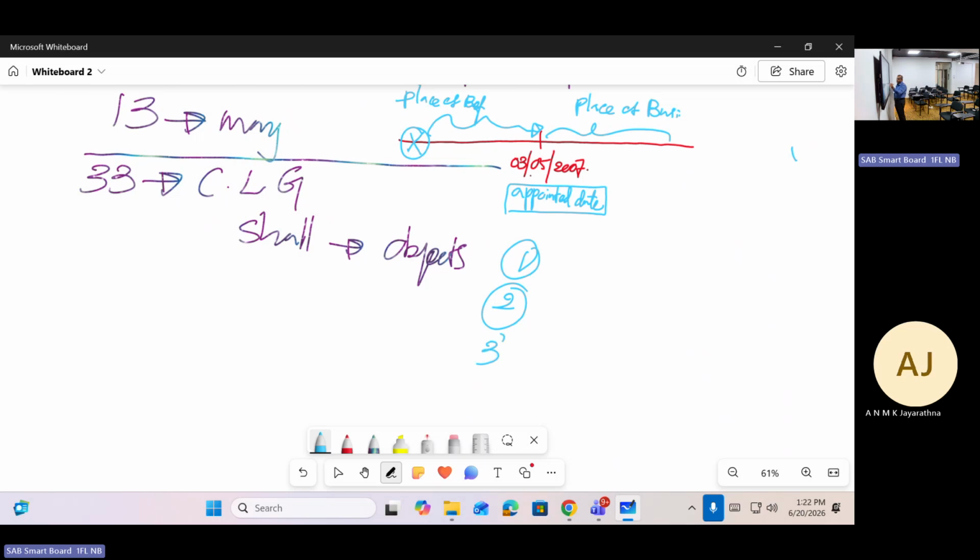If these three conditions are met, then what happens under section 33? The Registrar of Companies can authorize the company to be registered as a limited liability company, but without the addition of the word limited in its name. Without the addition of the word, right?